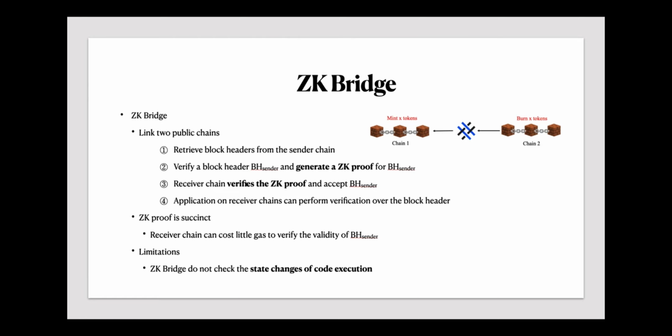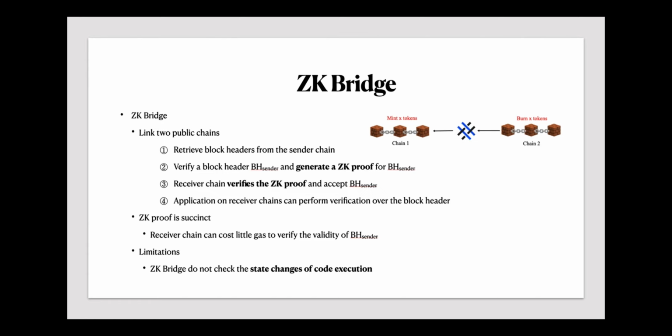Very recently, researchers proposed ZK bridges that try to link two public chains while using some of the ZK relevant technologies. First of all, in this implementation, you retrieve block headers from the sender's chain, verify the block header from the sender, and generate a ZK proof on top of it.